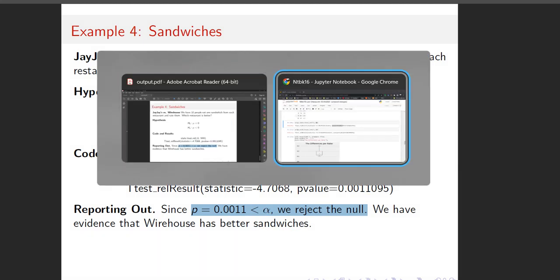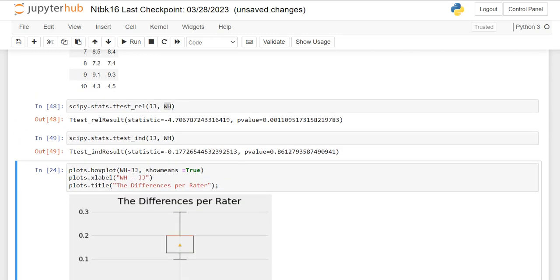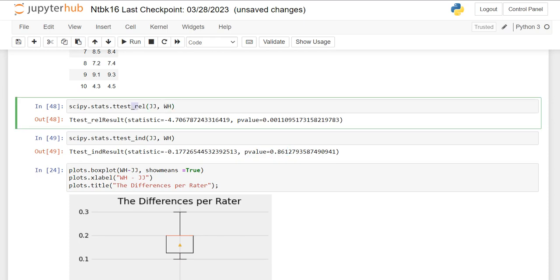Let's jump back into the table, and then, wait, what? This is the independent t-test between JJ and Wirehouse subs, and notice with this p-value, we would fail to reject the null. What? I just want to say that when it is paired data, we have to use ttest_rel. It's a much more sensitive test.